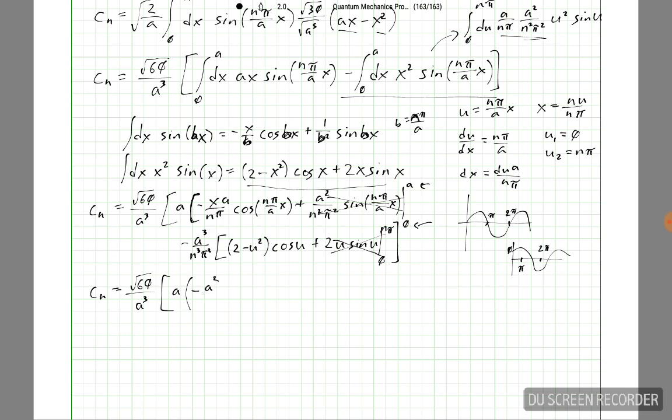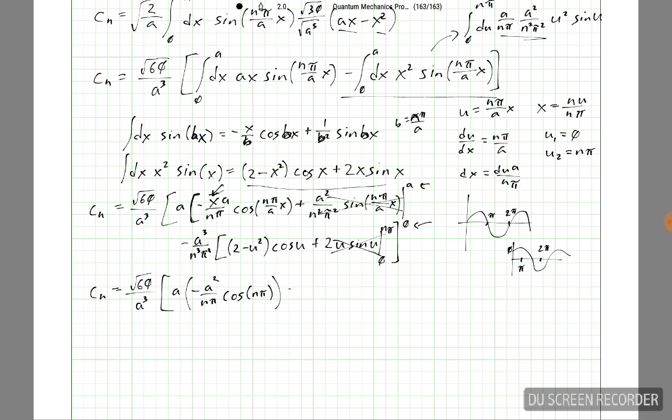So I get negative a squared over n pi times cosine n pi. And at my initial, a cosine of 0 is just 1, but it has this guy here, so it's just 0. So that one all goes away.